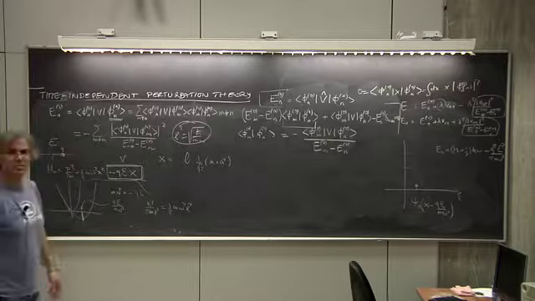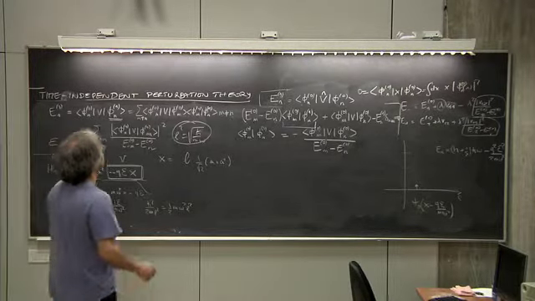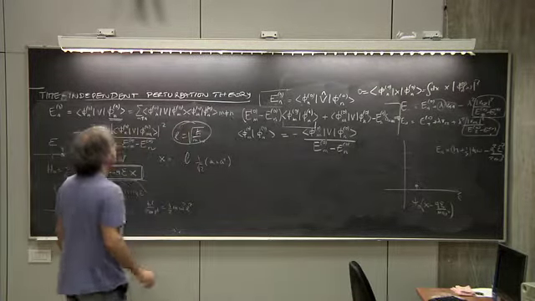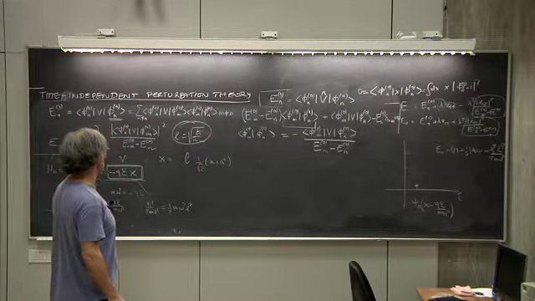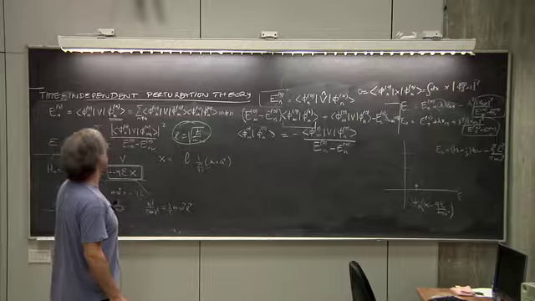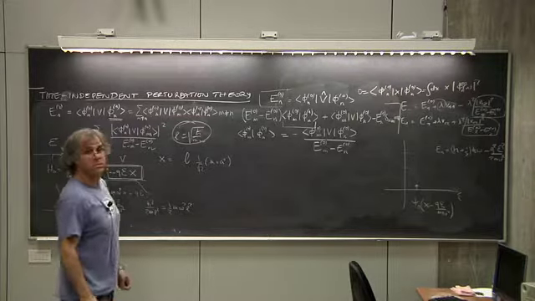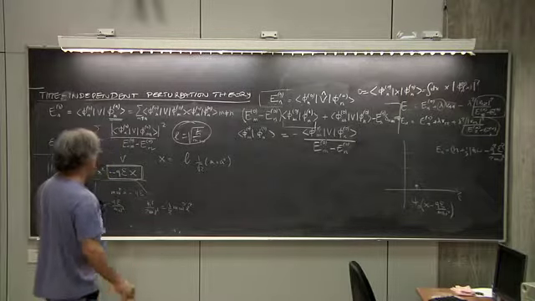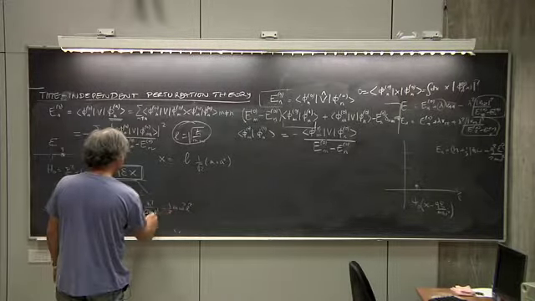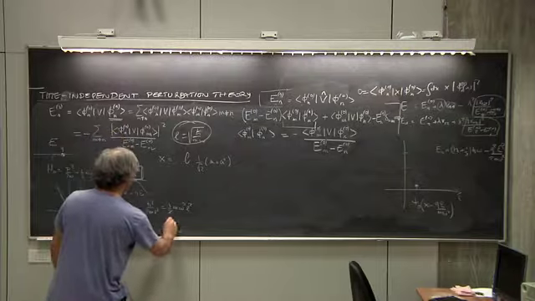L without the square is a square root, like that. Let me check one second. I always only believe it after checking.